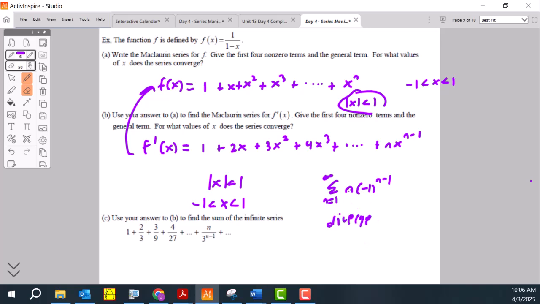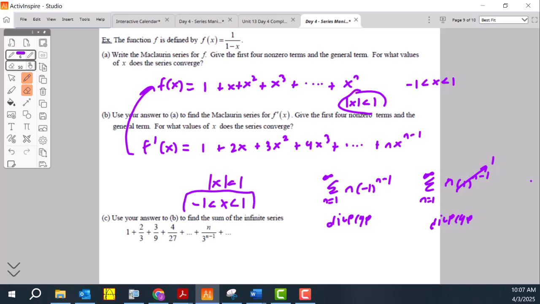If we get rid of the alternating part, the limit is not equal to 0, so it diverges. Let's check the other one, n equals 1 to infinity of n times 1 to the n minus 1. This one is also going to diverge by the term test, because 1 to the n minus 1 is just 1, so the limit as n goes to infinity is infinity. So both of these diverge, which means we don't have to change our interval.